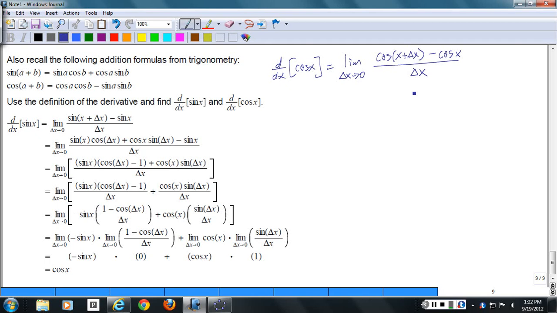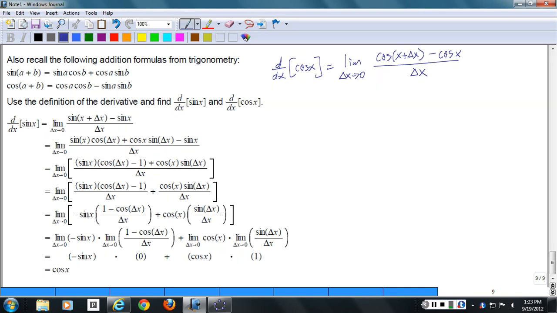delta x. Now, I must say this, because we're going to use these limit formulas, limit of sine delta x over delta x as delta x approaches 0. The way we demonstrated that limit using the triangle inside of a sector inside of a triangle proof that we did that day, we were assuming that x was measured in radians.